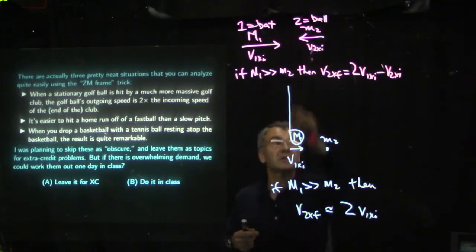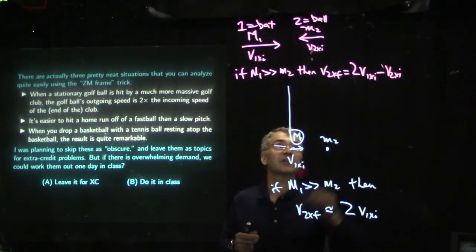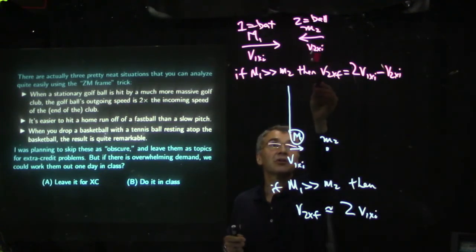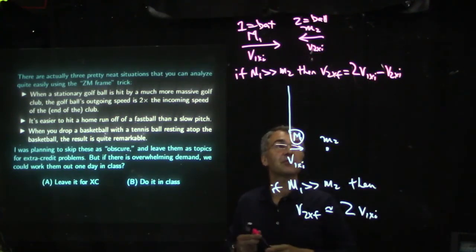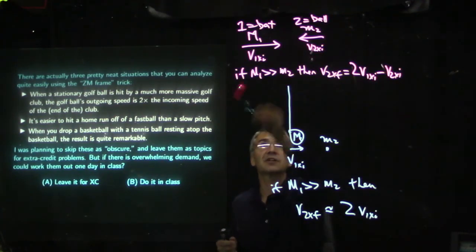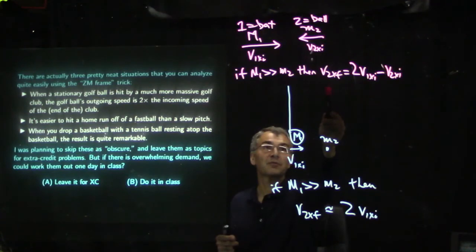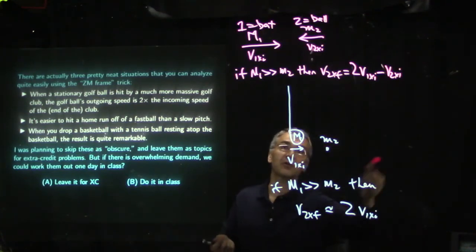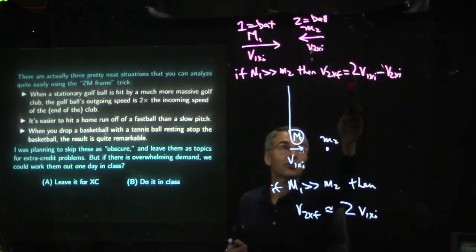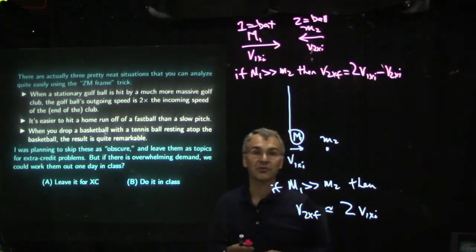So you take the ball's incoming velocity and you reverse it, and then you add to it 2 times the velocity of the end of the bat. So you get essentially the speed of the ball going out toward the outfield is twice the speed of the swing plus the speed of the pitch.